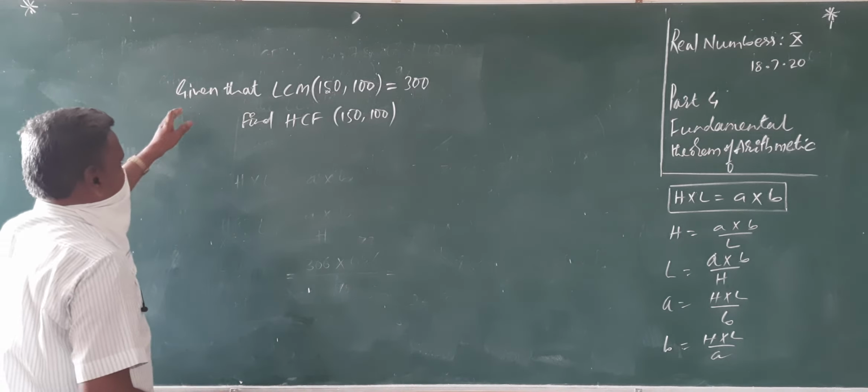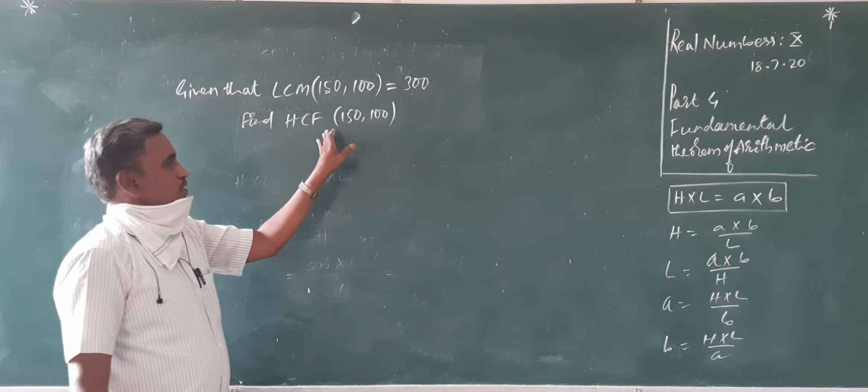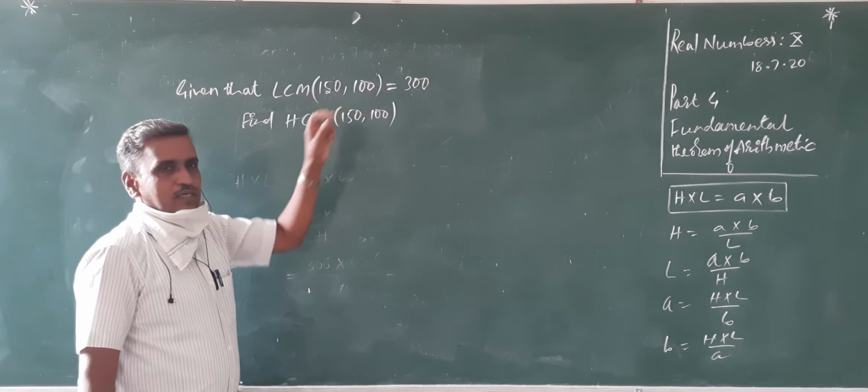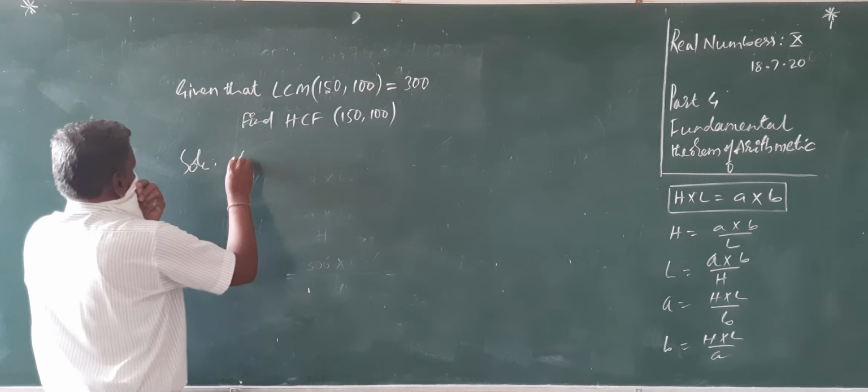Here given the LCM, find the HCF. Here also, what are A and B? A is 150, B is 100. A simple example.